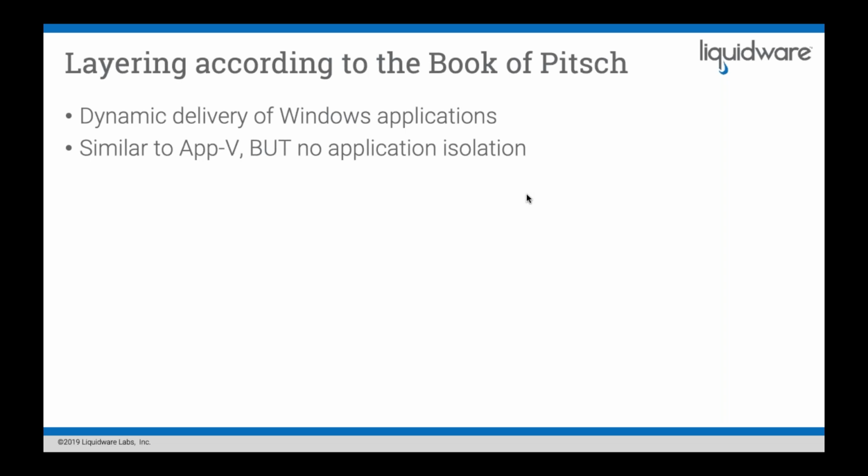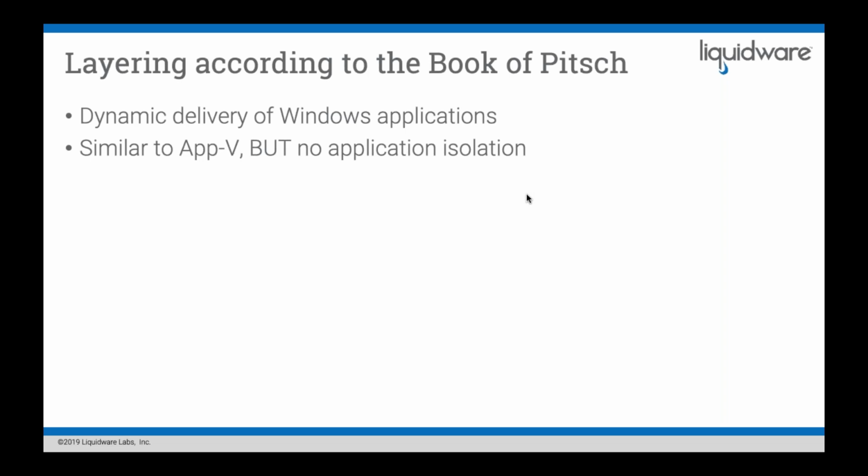Because you could put Java into the base and layer the application down to it. But for one or both of the applications, you're going to have to use an isolation technology like App-V to get that application delivered, because Java just doesn't like to play nice with other versions of itself.